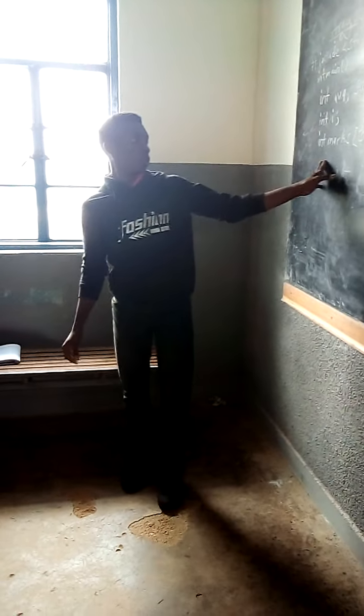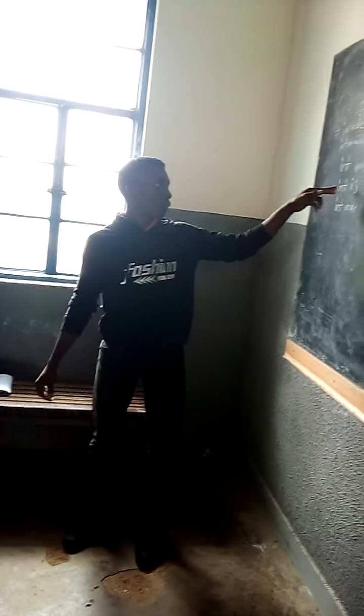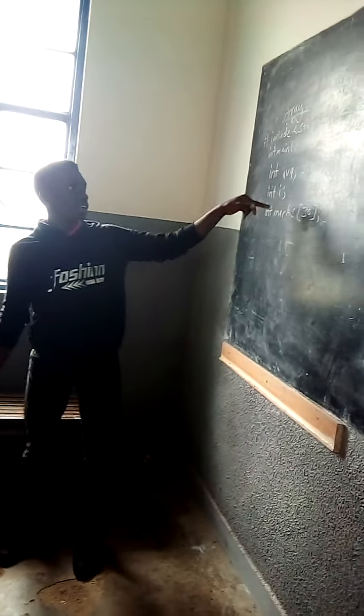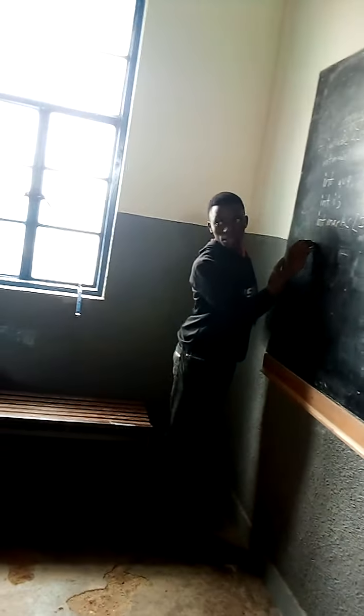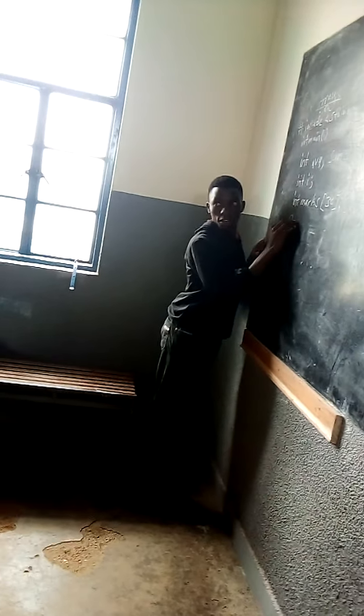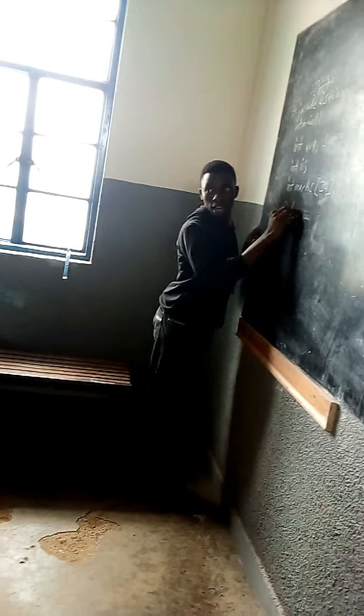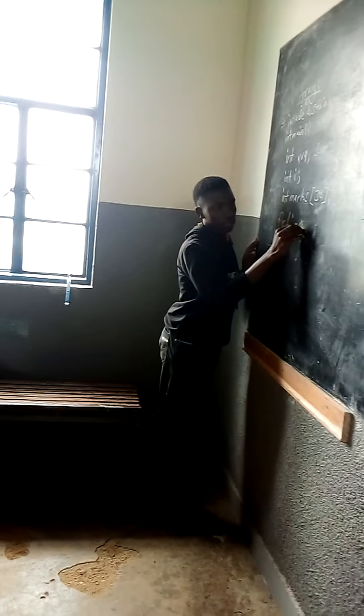This is what we call declaring. Here we are declaring an array. Now we are going to find the average marks of 30 students. Then we are going to say for i equals 0.